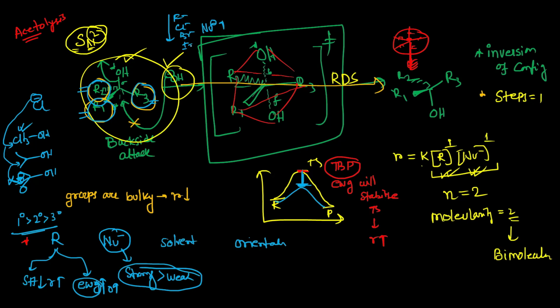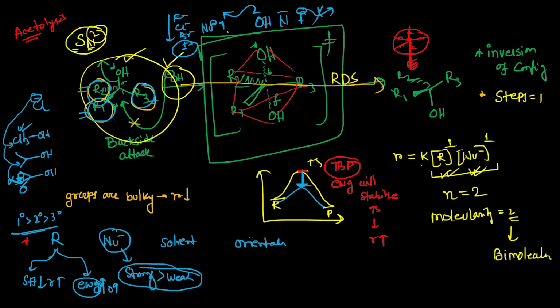Nucleophilicity increases from top to bottom, so I minus is most nucleophilic. And from left to right, for example carbon, nitrogen, oxygen, F minus: F minus is more electronegative, so it will not donate its electron to any electrophile easily. So this is less nucleophilic.